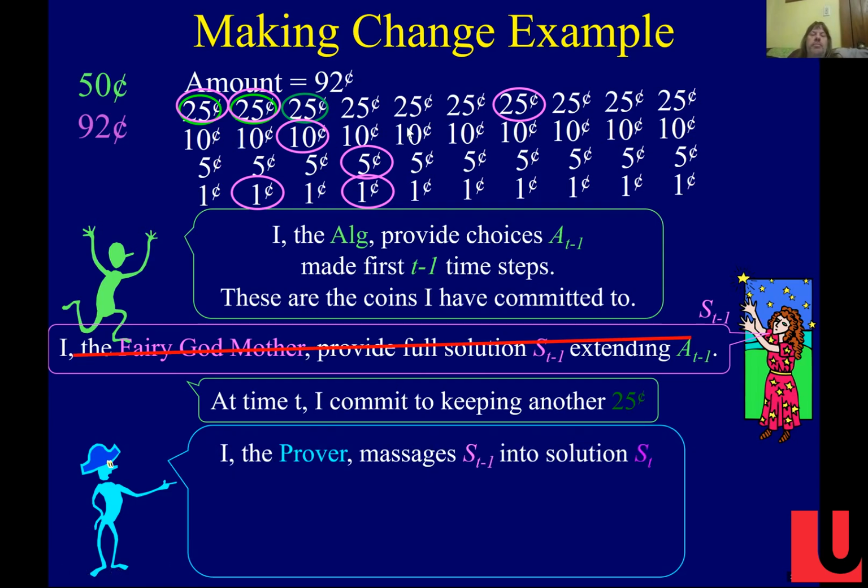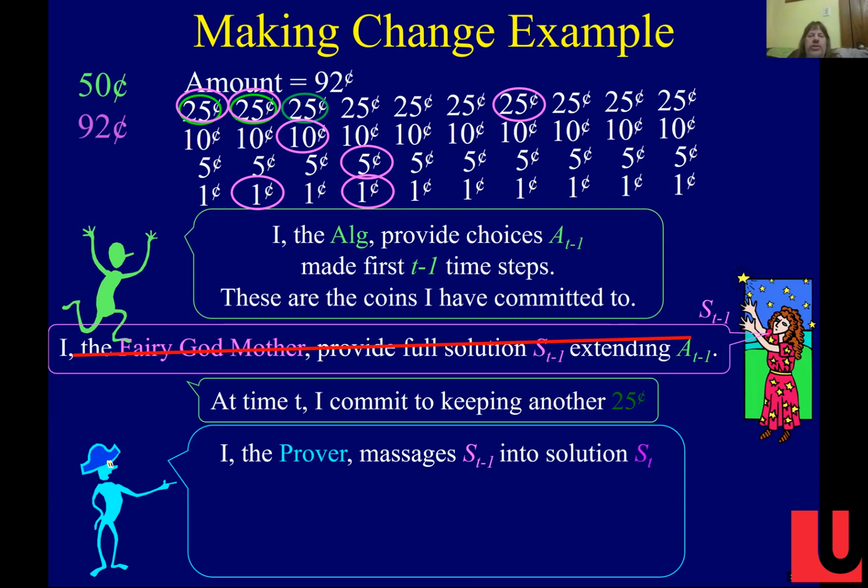So the prover has to massage the solution S t minus 1 into solution S t, so it's still a valid optimal solution, still just as good, and it's consistent with everything the algorithm has done up to time t.